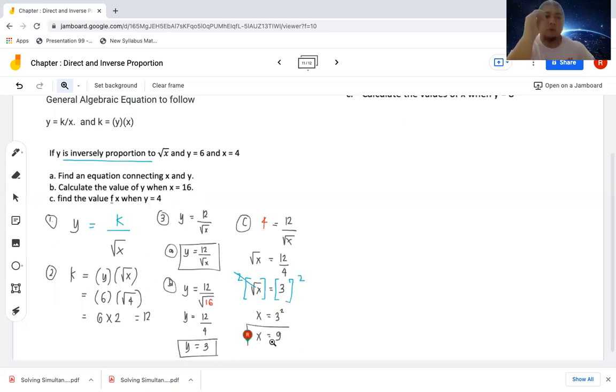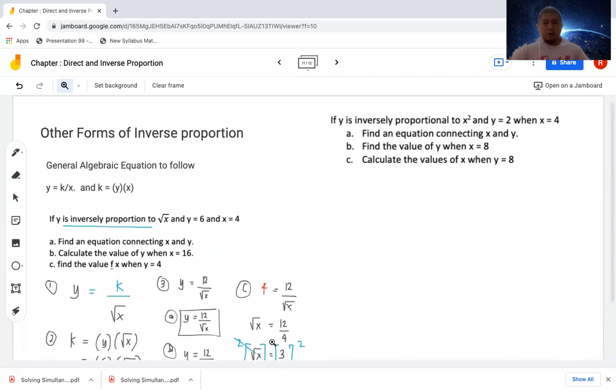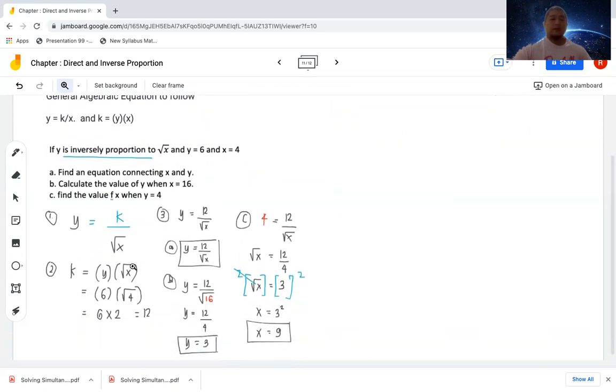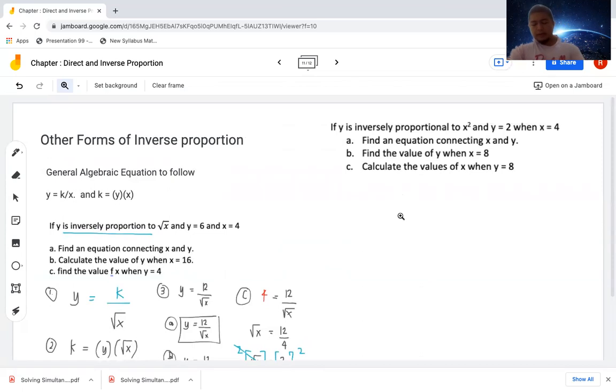A very simple way, and the procedure is just going to be the same. If you're answering direct proportion, inverse proportion, and other forms, the procedure is just three steps, and you are going to get the calculation for the answer. All right, I would like you guys to pause this video and try to answer this one now.